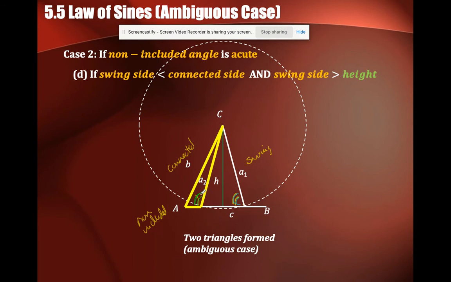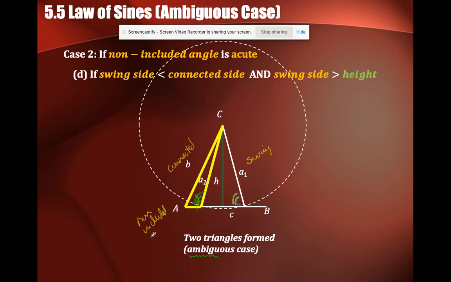That angle, trying to draw 3 arcs in there, is obtuse. So when you have this scenario, there's 2 triangles that can be formed, an ambiguous case, one where the other base angle is acute, and one where the other base angle is obtuse.